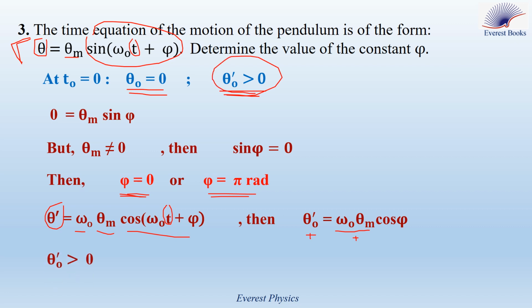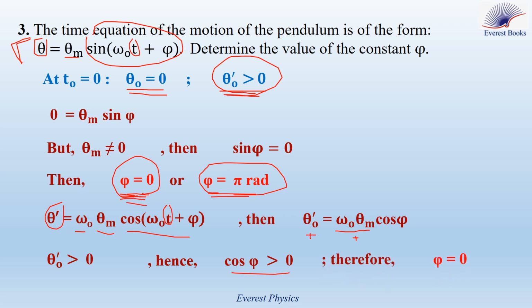Therefore, cosine phi is positive. If cosine phi is positive, then we will choose the angle phi, which is equal to 0, because cosine 0 is equal to plus 1, while cosine pi is equal to minus 1. If cosine phi is positive, then 0 is the chosen angle.